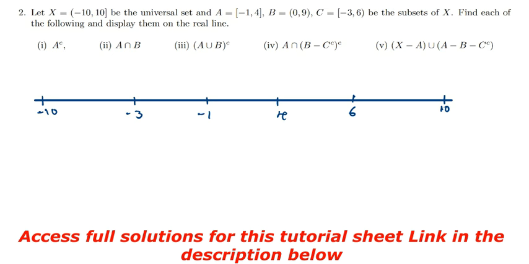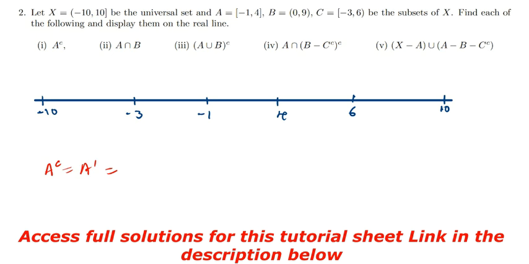So what we have here is the universal set. Let's answer the first question. The first question is saying A complement. What does A complement mean? A complement simply means elements which are not found in A. But what is A?